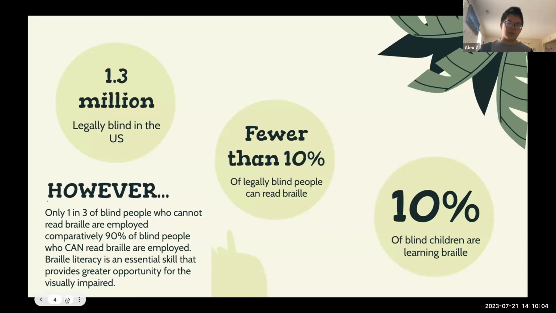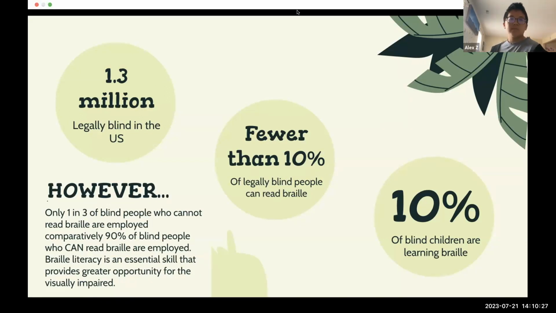And this is a huge problem because it is statistically shown that someone who's blind but knows Braille has a much higher chance of getting employed than a visually impaired person who does not. So Braille literacy is a very essential skill for visually impaired people to get that opportunity, I presume.